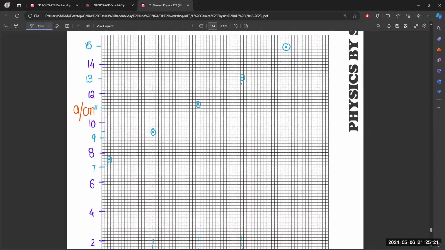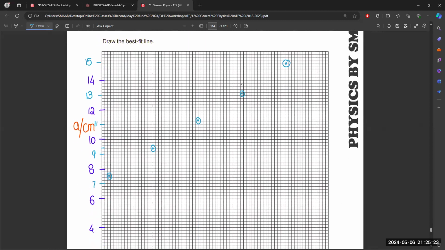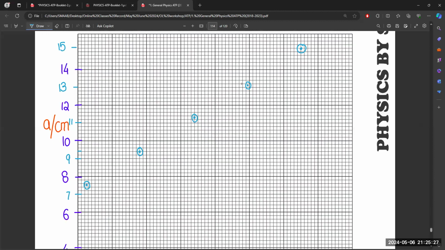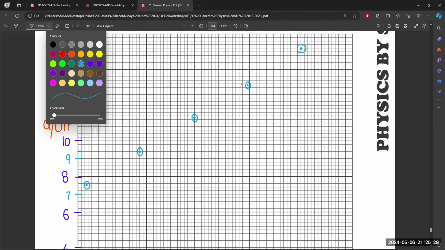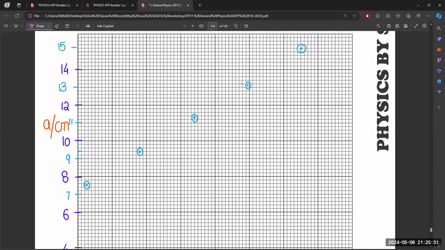Draw the best fit line. Now you have to place your ruler on screen, and if you find all the points in a straight line, join them. Maybe all points are not on a straight line, then again you need to follow the idea of trend. But in most questions you will get all the points in a straight line.